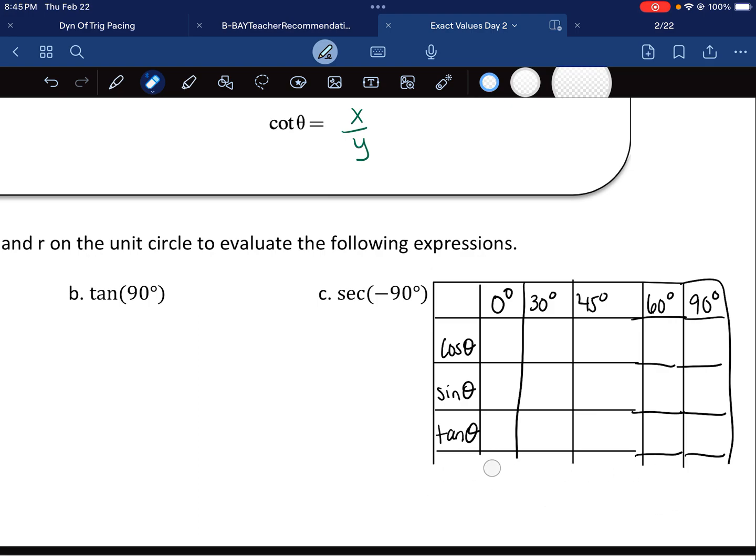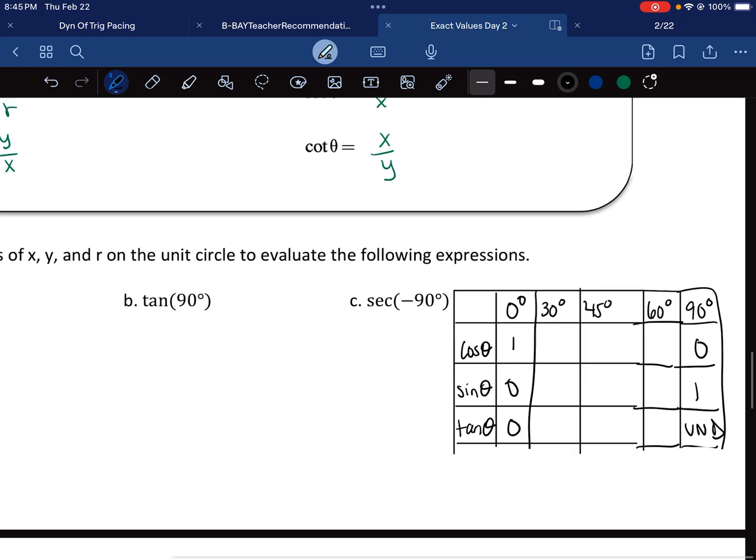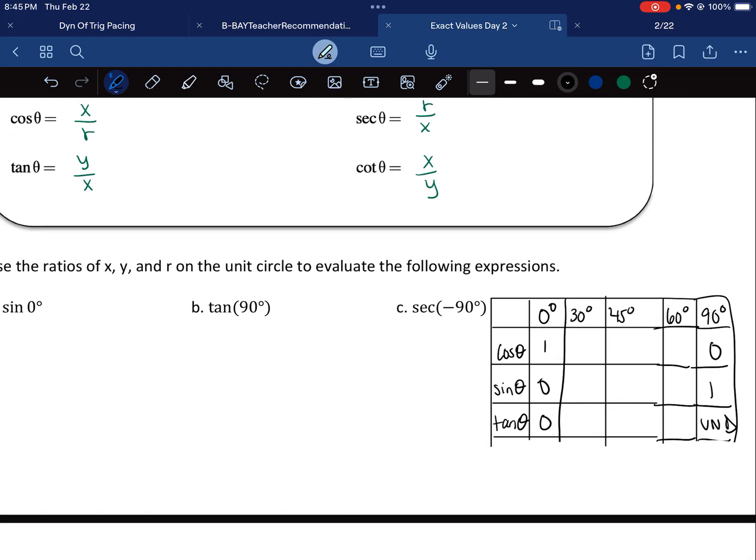All right, at this point, the 30, 60, 45 rows are going to be the same as before. Now for cosine, this is going to be 1, 0, and then this is going to be 0. This is going to be 0, 1, and then we're going to say this is undefined. Here's where this is coming from.